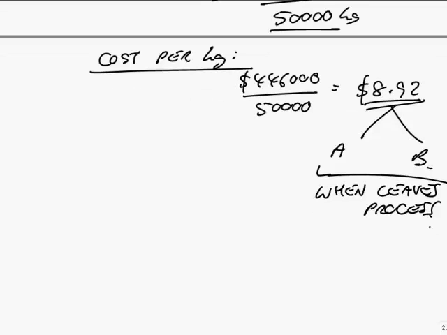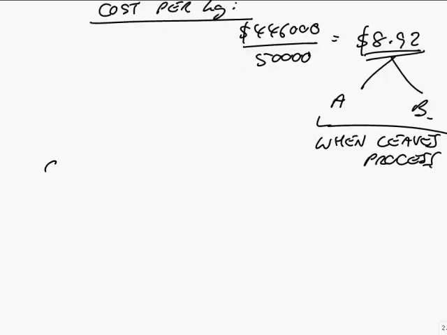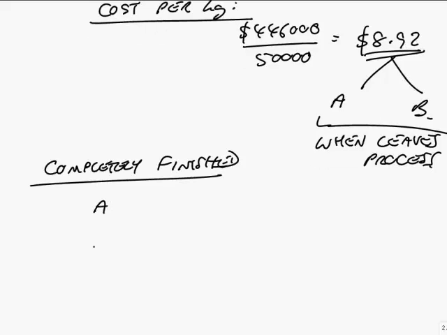And so surely, when it's ready for sale, when they're completely finished, well, in both cases it was 8.92 when it left the process. Product B, there's no mention of needing to spend any more money on it.